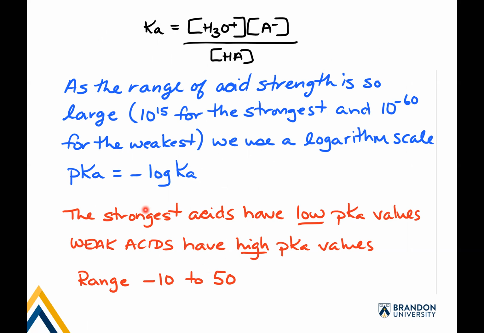Because the scales are so ginormous, they use the logarithmic scale to give us numbers that we can actually work with. So if you take minus the log of the Ka, this will give us the pKa, just similar to when we're talking about pH.